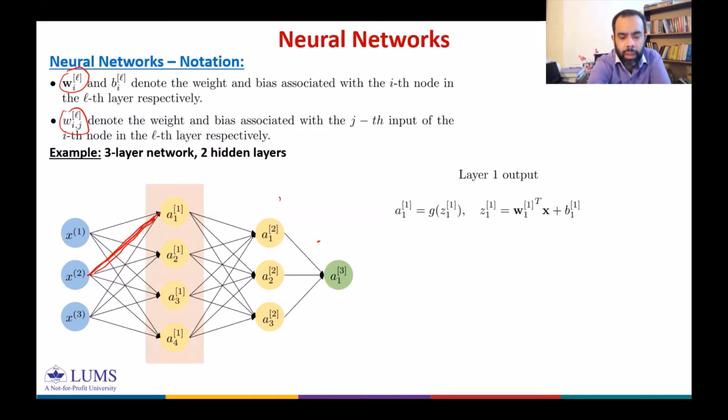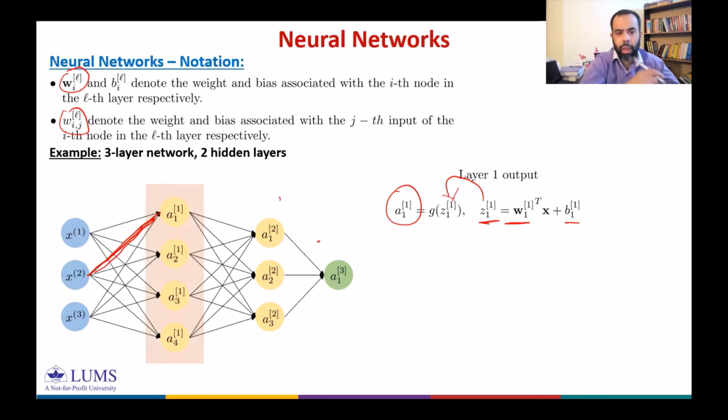So weight for first neuron, first layer, bias first neuron, first layer, and we get z_1^[1], the pre-activation output. And we pass this pre-activation output through an activation function, and we obtain a_1^[1].